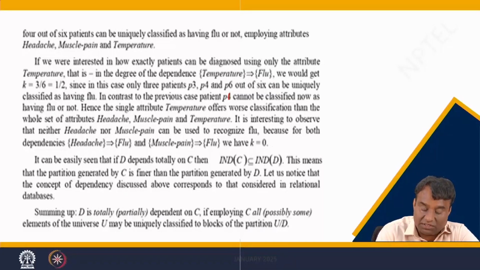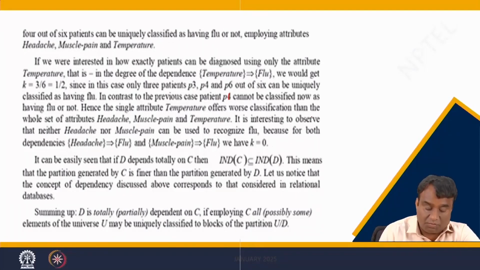Since in this case only 3, P3, P4, P6 out of 6 can be uniquely classified as having flu. In contrast to the previous case, patient P1 cannot be classified now as having flu or not. Hence, the single attribute temperature offers worse classification than the whole set of attributes headache, muscle pain, and temperature.